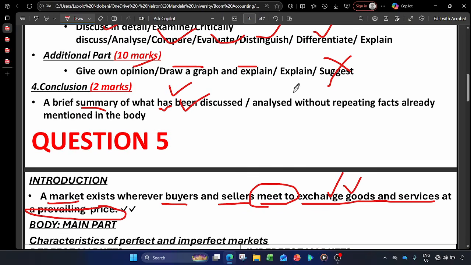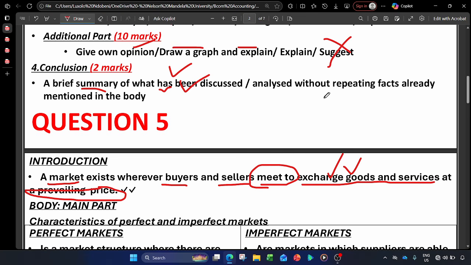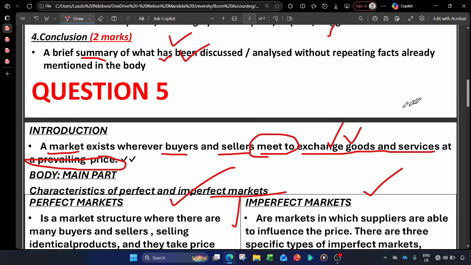First things first, we need to define perfect and imperfect markets, right? So this is just the table that I created, as you can see here. It's this T. On this side we've got perfect markets, on this side imperfect markets. Our definition of the perfect market is just a definition, and it is very important to write it, because it also shows how they are different.